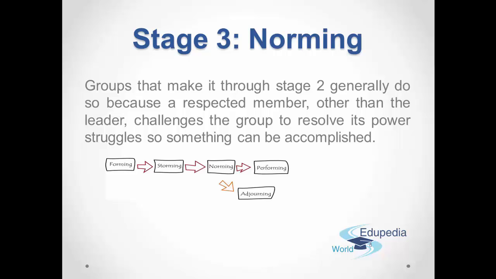A feeling of team spirit is experienced because members believe they have found their proper roles. Group cohesiveness, defined as the we feeling that binds members of a group together, is the principal byproduct of stage 3. Now, cohesiveness has a small but significant effect on performance, especially in small groups.